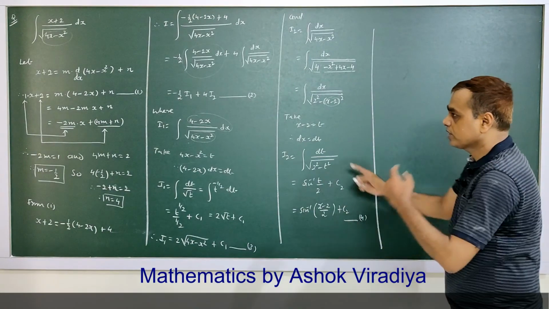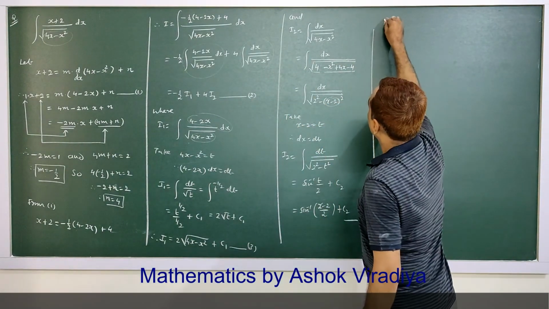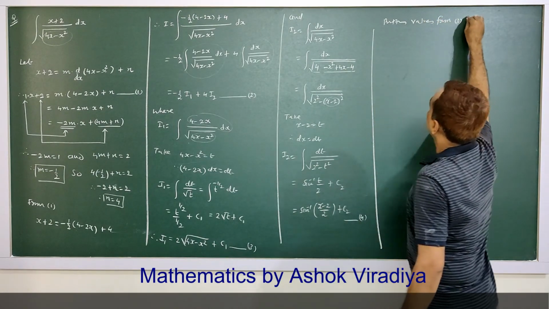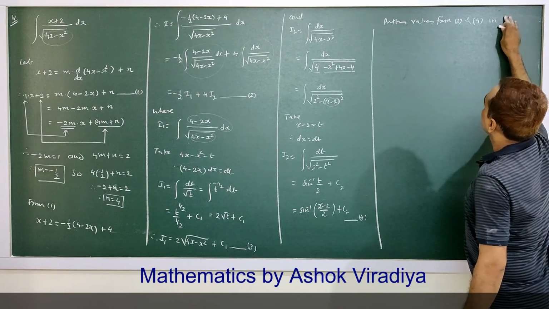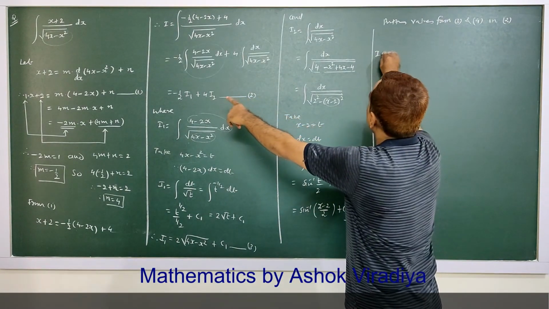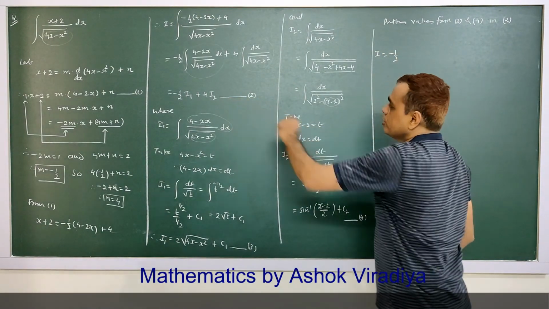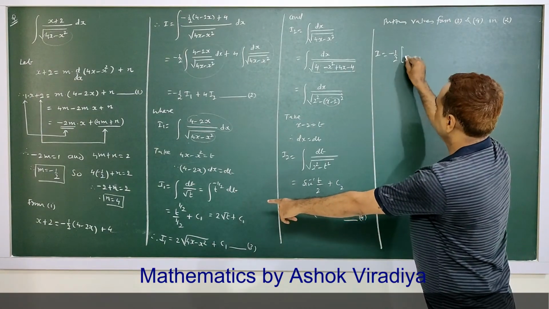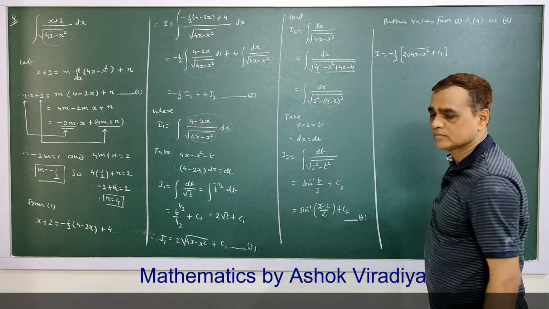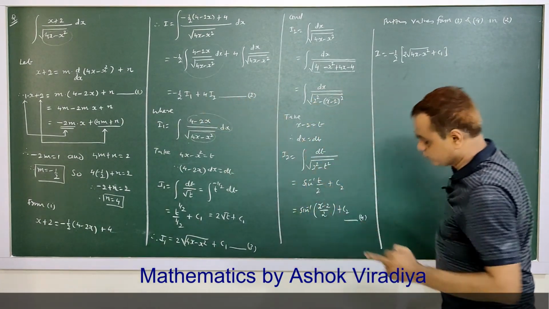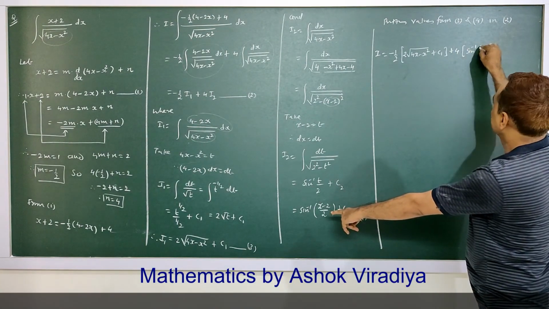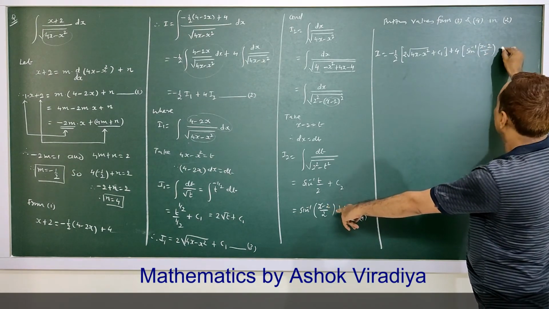Now 3 and 4 we keep in result 2. So putting values from 3 and 4 in equation 2, I is equal to minus 1 by 2 times I1, plus 4 into I2, where I2 is sine inverse of x minus 2 by 2 plus c2.